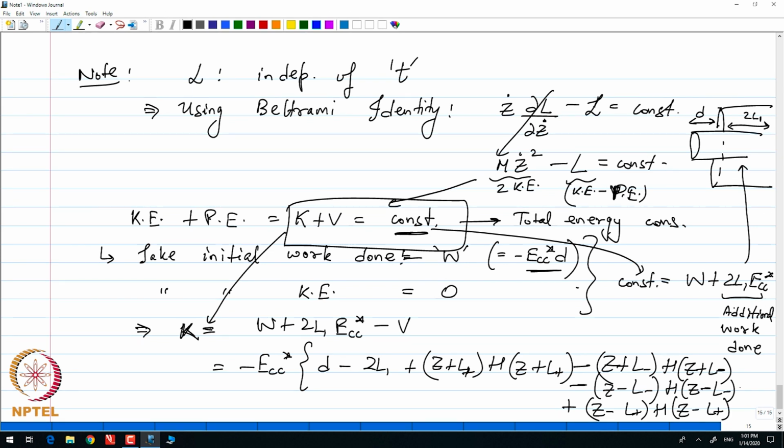So these are my four terms, and from here I can see that this kinetic energy is also equal to m z dot square by 2.